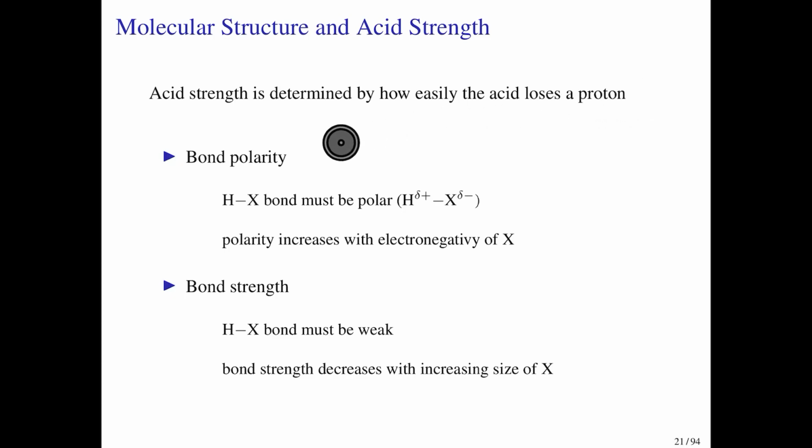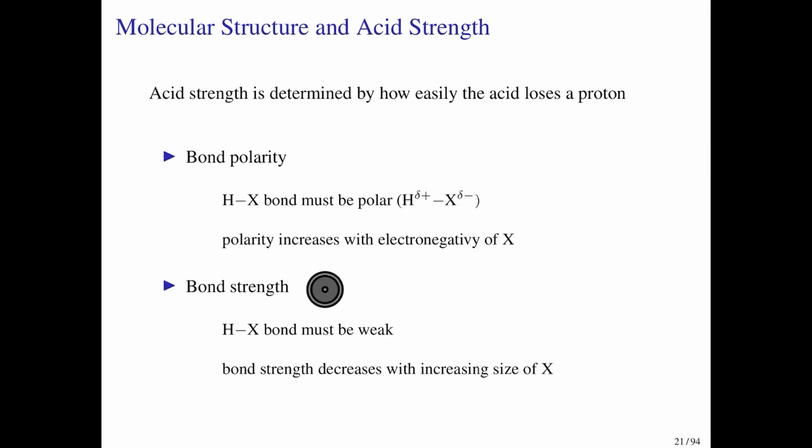One is the polarity of the bond between the hydrogen atom in the acid and the atom that it's attached to. So polar bonds, that is where there's a large electronegativity difference between the proton and the atom to which it's attached, lead to enhanced acid strength. So the polarity of the hydrogen-X bond makes a difference.